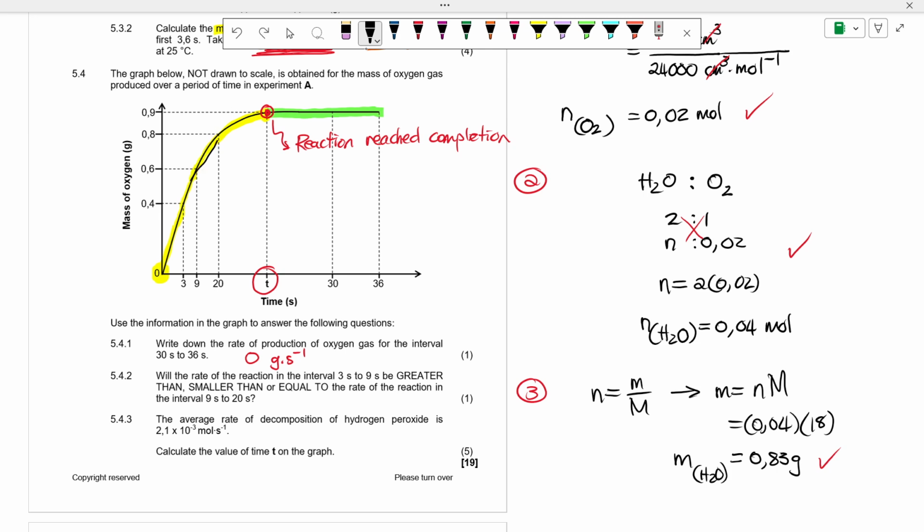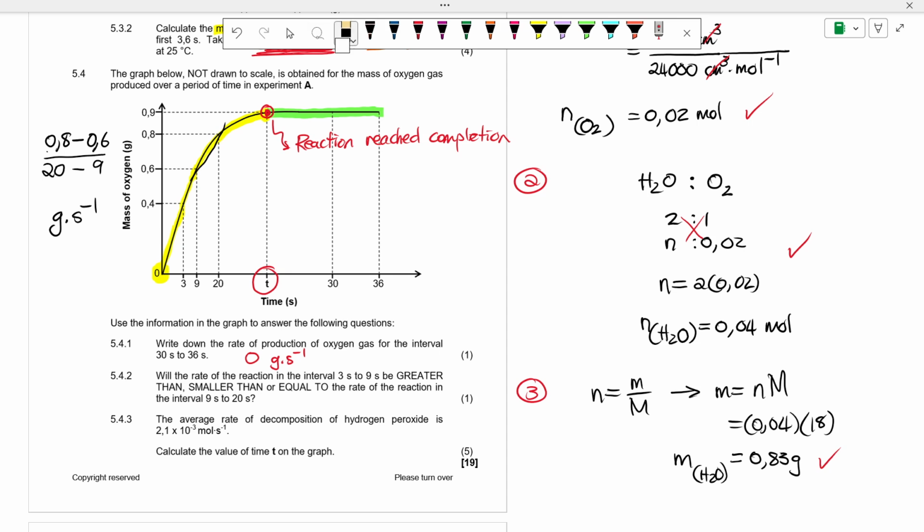So we're just gonna do the gradient formula, and that's your y, 0.8 minus the other coordinate 0.6 for the y, divided by the corresponding coordinate for 0.8, which is 20 on the t, minus 9 on the t. So you always have grams per second.